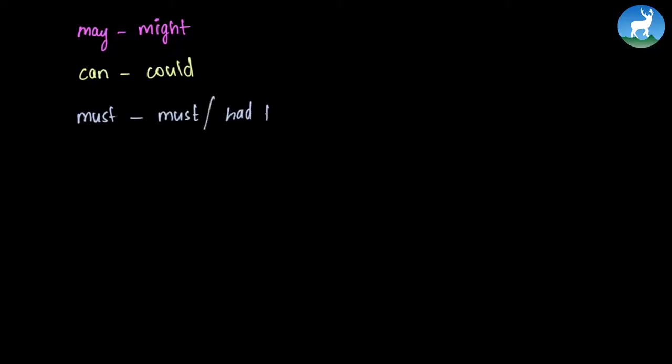Now just like we changed will and shall to would, we can also change may to might, can to could, must to must itself or had to. Let's see an example for this.